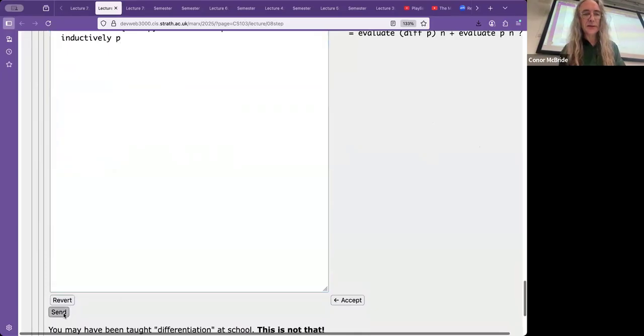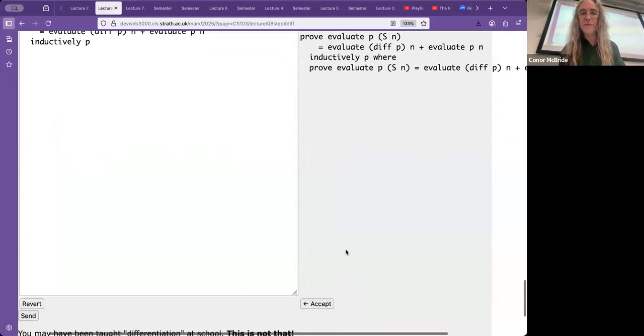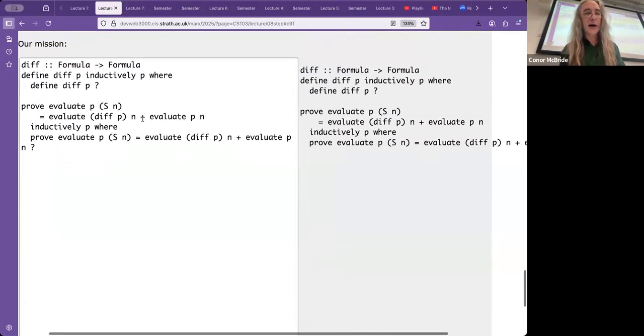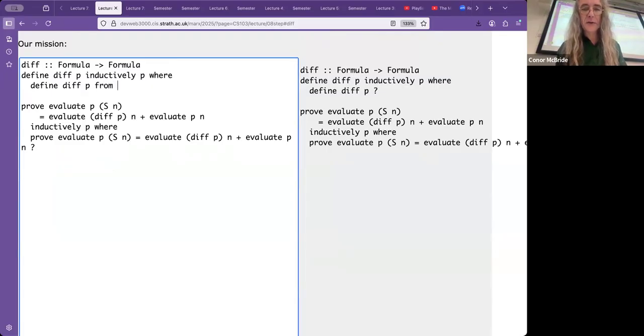So I hit send. At the moment, I'm not really making any choices. There's only one variable available, and I've got to look at it to figure out what's going on.